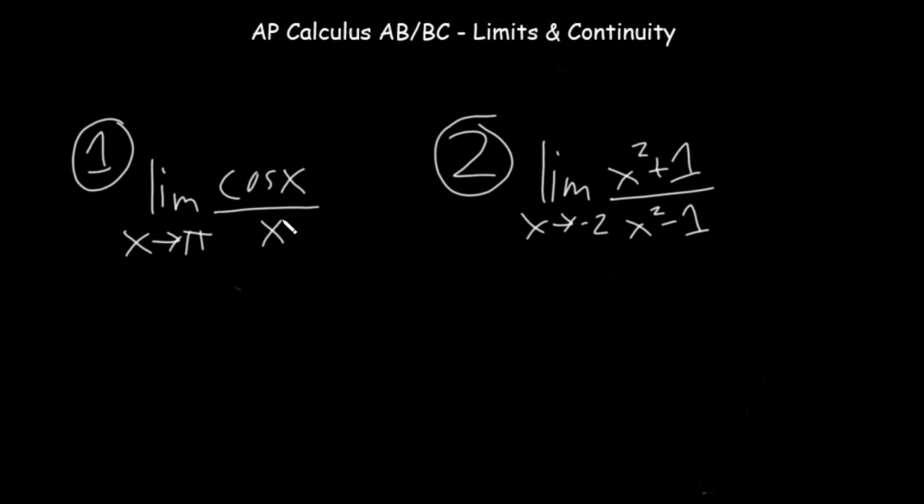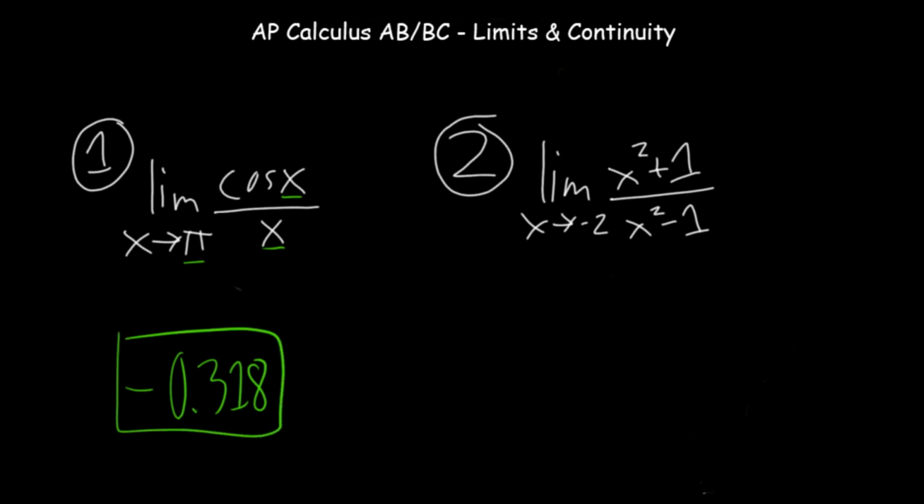so in case you didn't do this, for the first one, you just have to plug this in to x. Cosine of pi is just -1, and then you have -1 over pi. And then when you simplify that, you have -0.318.